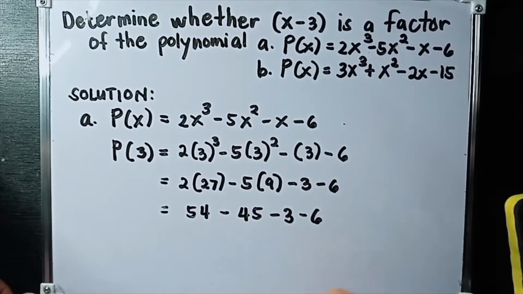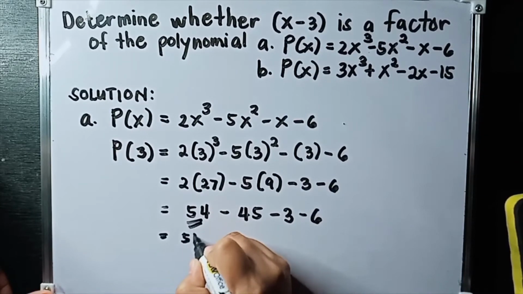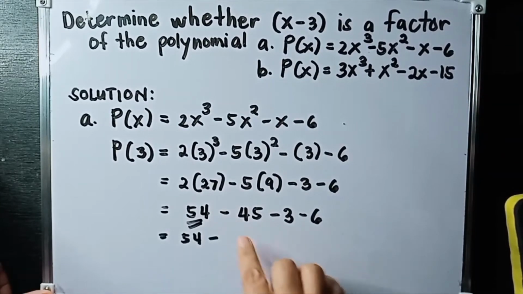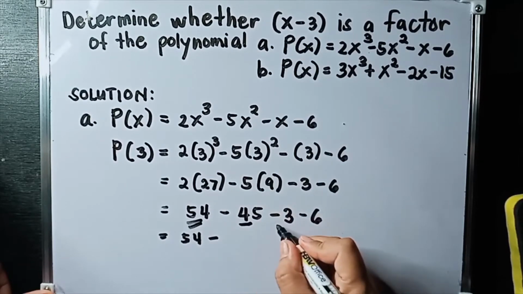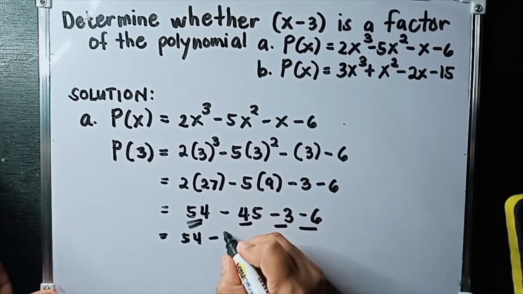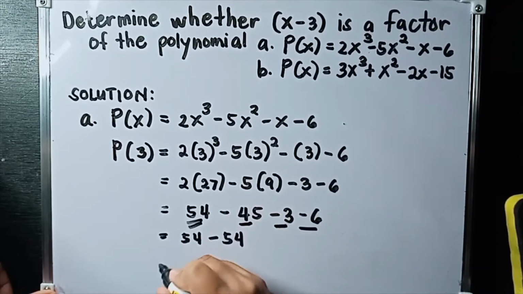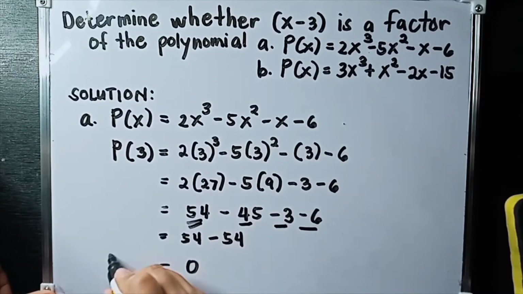So I'll be combining the positive ones. So this is the positive 54. And then later, I will combine all the negative. Negative 45 plus negative 3 plus negative 6 is equal to negative 54. 54 minus 54 is 0.